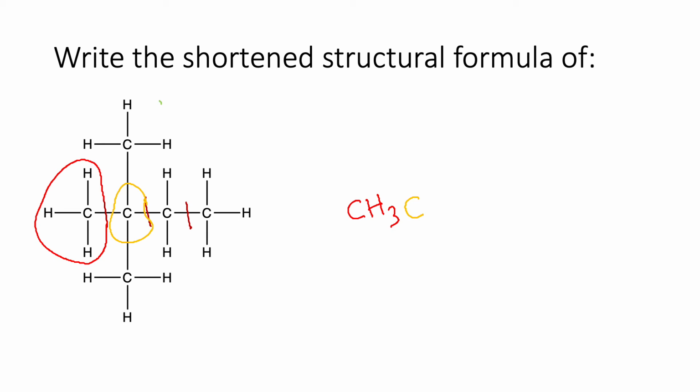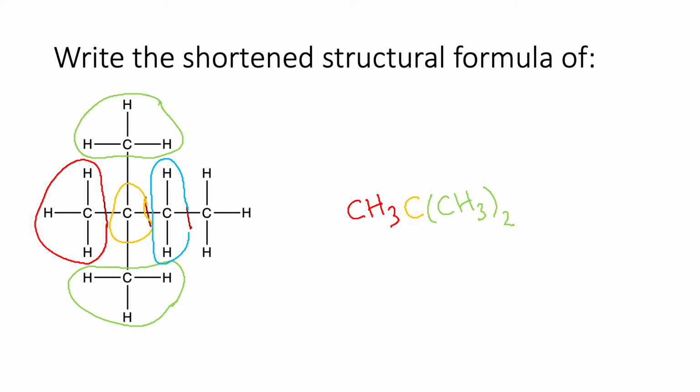We have 1 branch up here, which is CH3, and we have a second branch down here, which is also CH3. Because these branches are the same, we can put a 2 after the group. And then we'll carry on. The next carbon is CH2. And the final carbon is CH3.